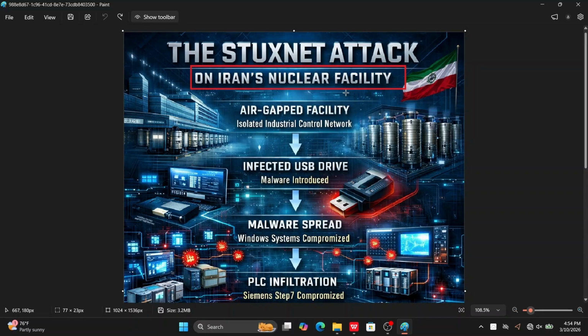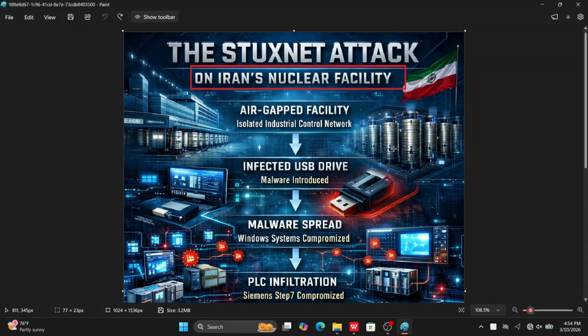First, we need to start with the industrial environment itself. The target in this case was a nuclear enrichment facility where industrial control systems managed thousands of centrifuges used in uranium enrichment, as you can see from this sample visual design.